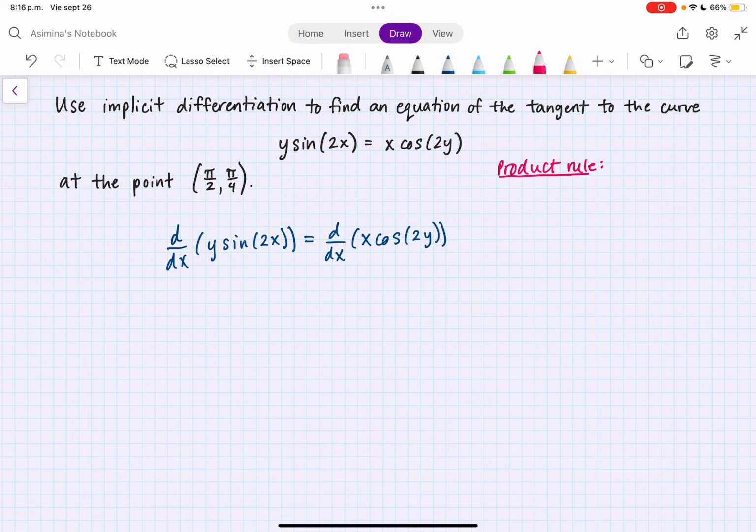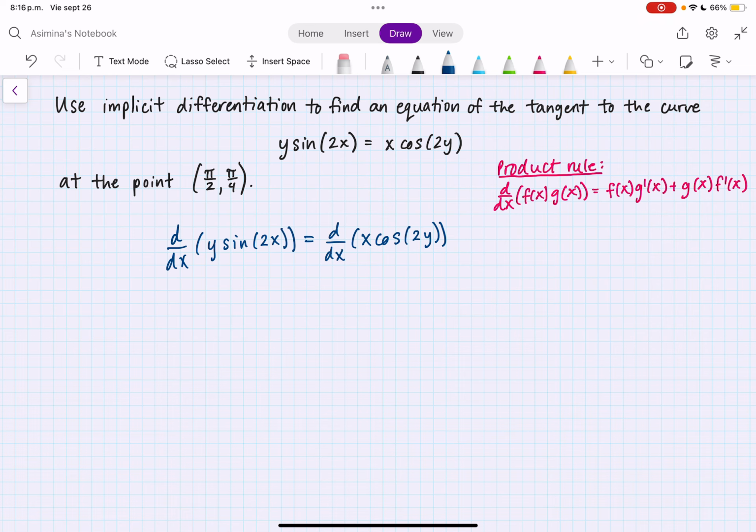If I want to take the derivative, let's say d dx, of the product of two functions, f of x times g of x, the derivative of this product is just f of x times g prime of x plus g of x times f prime of x.